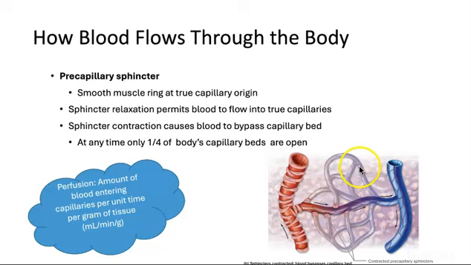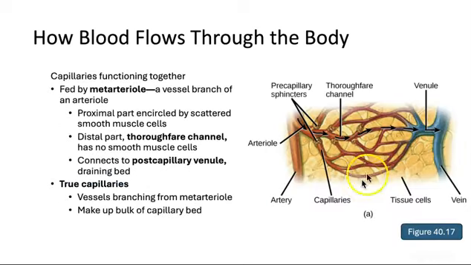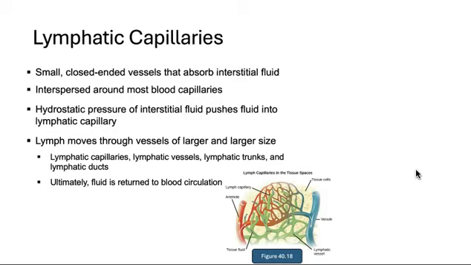Now, as we have our true blood capillaries, we are going to have fluid exiting the capillaries and into the tissues. Now, the way we're going to get that fluid back is that about 85% of that fluid will move back into the blood capillaries and eventually enter that venule.